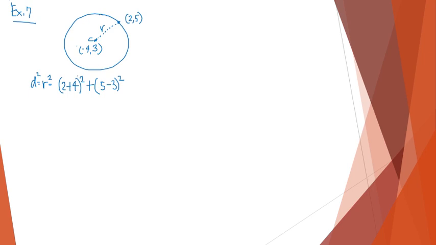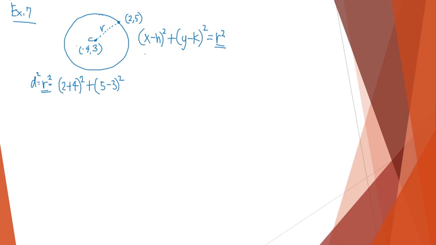Recall from our equation, we have (x minus h) squared plus (y minus k) squared is equal to r squared. What I did here is take r squared so it's easier to substitute.